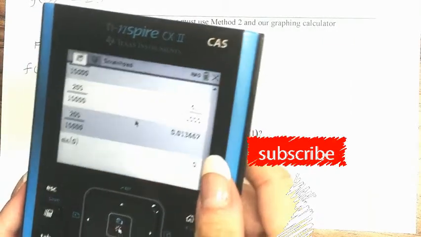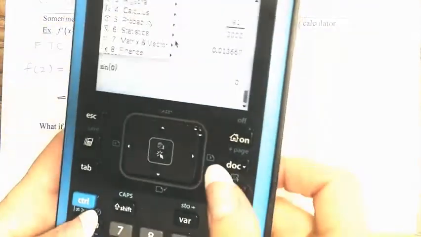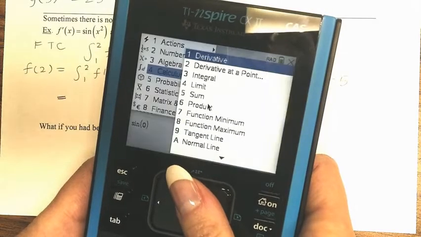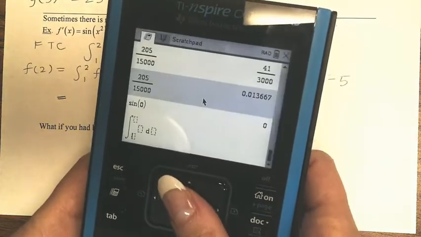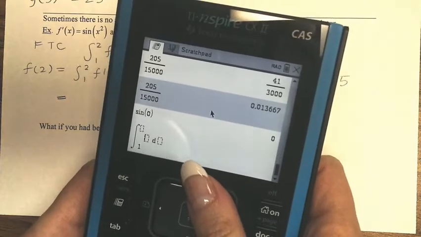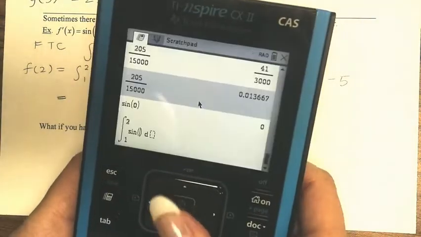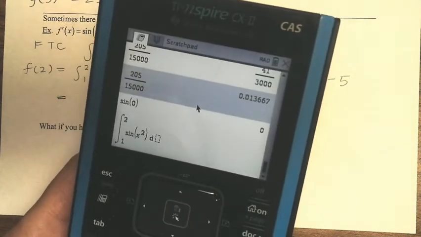So you have that it's going to be menu. Over here you go and look for calculus. After that you're going to look for the integral, and then you do the 1, 2 here, and then you write your sine of x squared, and then you have the dx here.